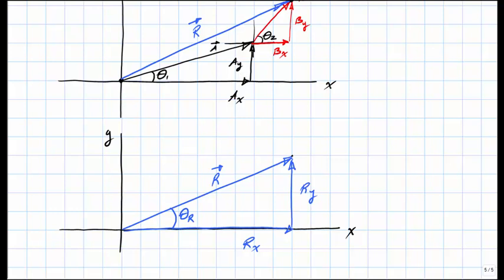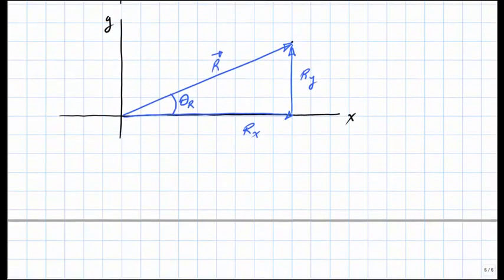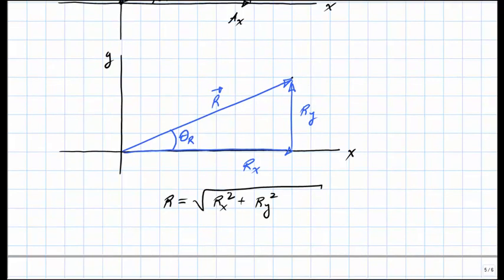Well, we'll evaluate that in just a bit, but first, let's note the relationship that we can see within this triangle. Specifically, we can note that the length of this vector r, through the Pythagorean theorem, just equals the square root of r sub x squared plus r sub y squared. And so, if we can somehow determine the value of r sub x and r sub y, we can now determine the magnitude of r.